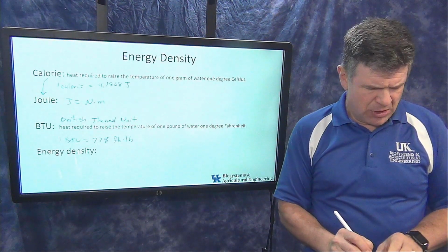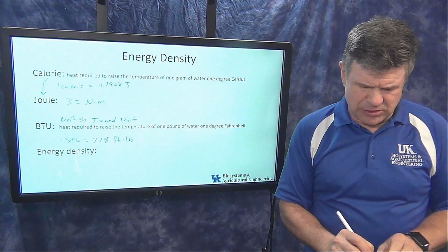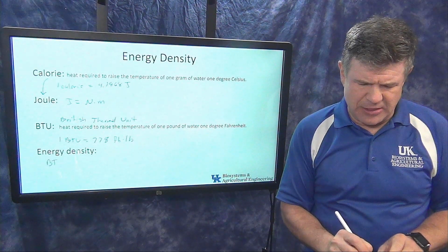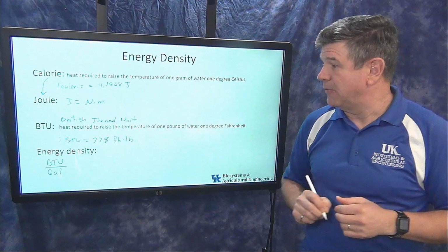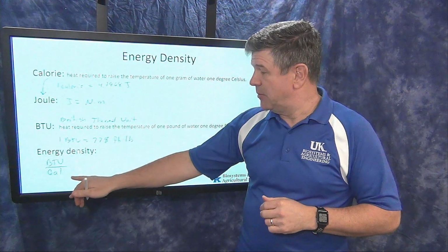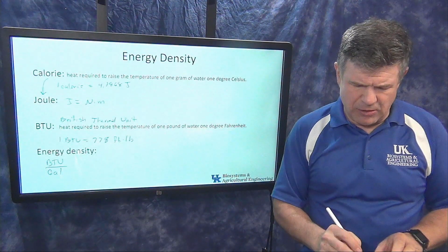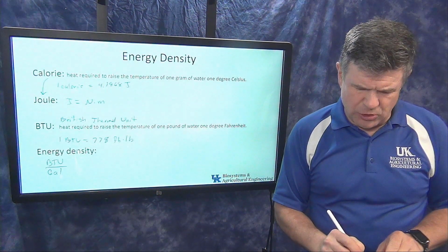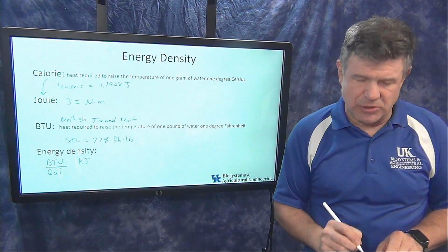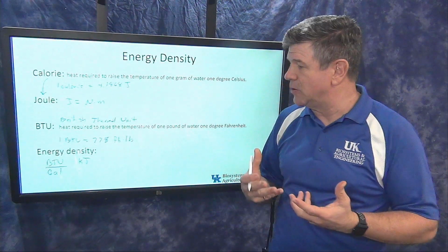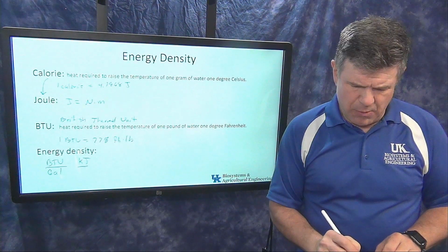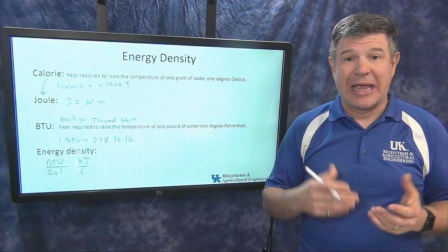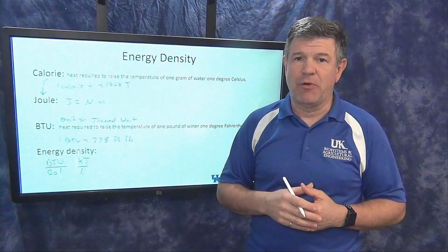We can measure this on a volume basis, so I would have a BTU per gallon, which is typically what I would see in English units. In SI units, it would be a kilojoule, and we generally measure these in kilojoules because a joule is really small, so so many thousand joules per liter. Again, that's the energy per unit volume.